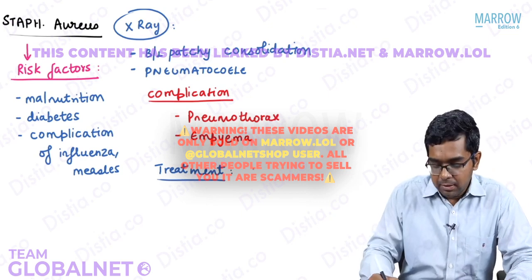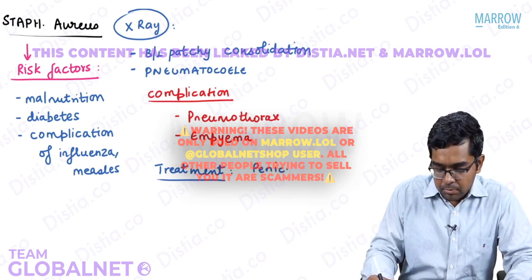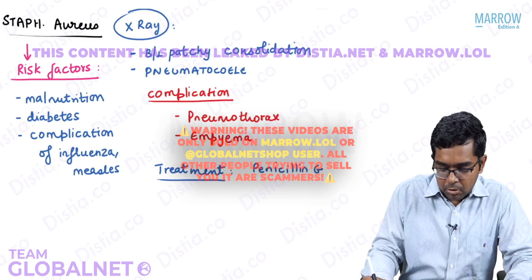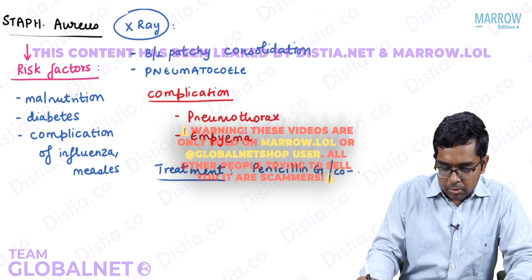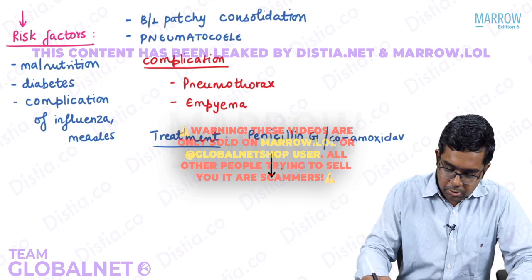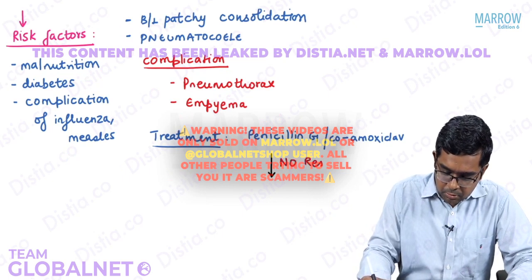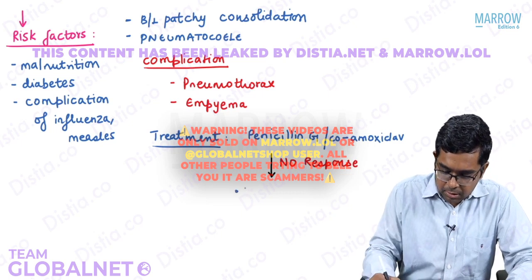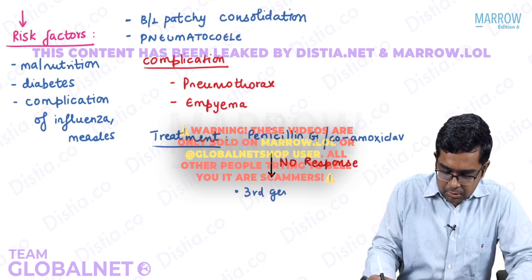Usually we'll start with penicillin G or co-amoxiclav. If the child is showing no response to penicillin or co-amoxiclav, then you can start with the third generation cephalosporin.